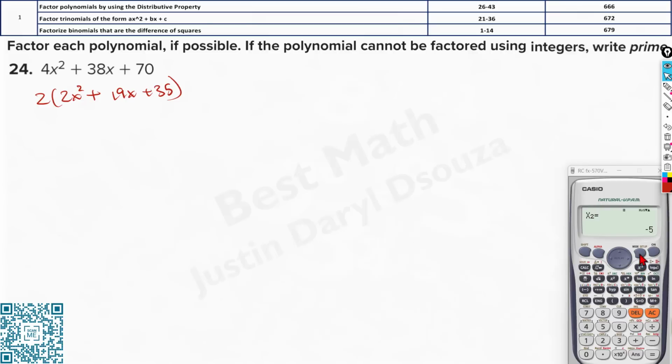Let me do this quickly as well. Mode 5 and 3. We have 2, 19, and lastly we have 35. And the answer is negative 5 by 2 and negative 7.